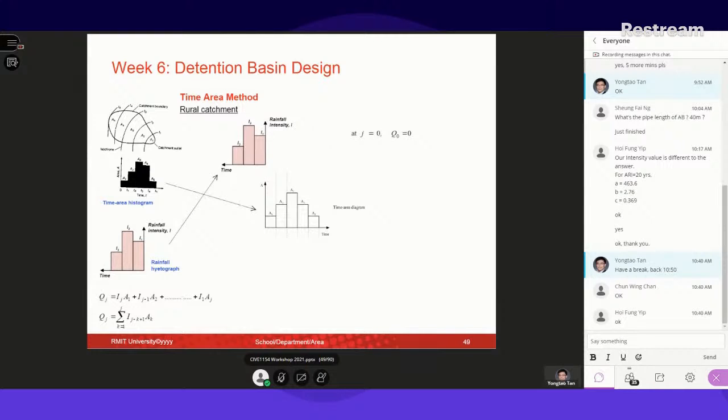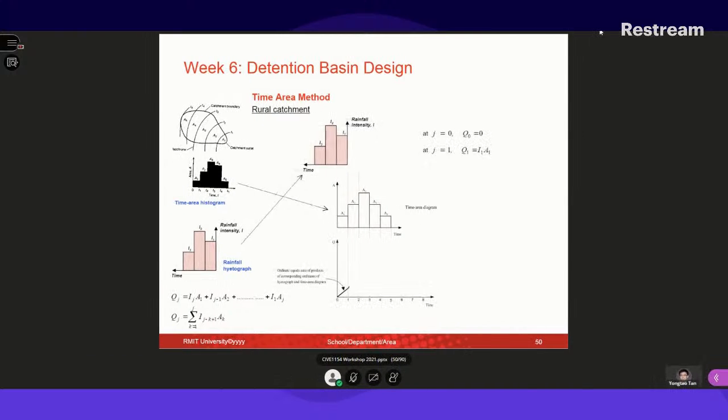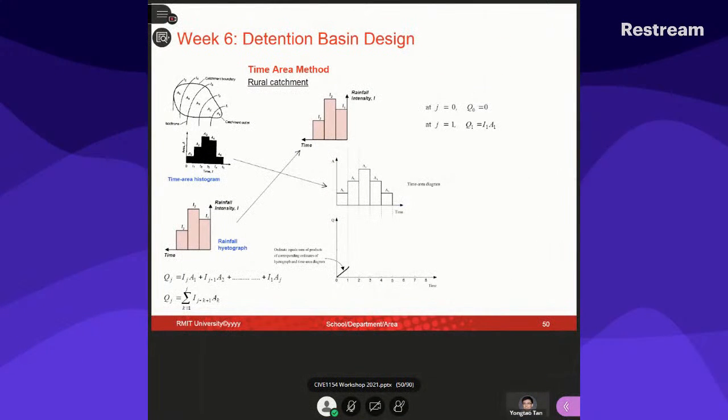At the start, time 0, there is no rainfall on the catchment yet, so there is no runoff. So Q is 0. Let's move step by step.